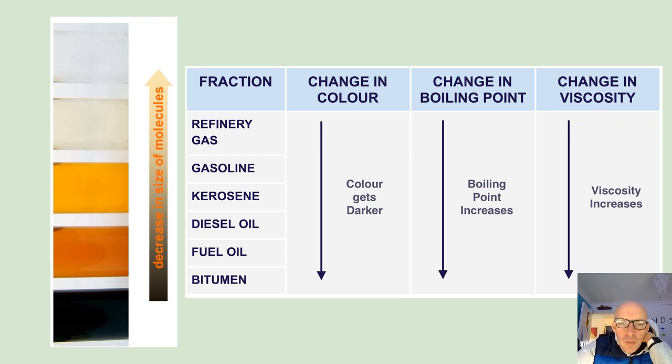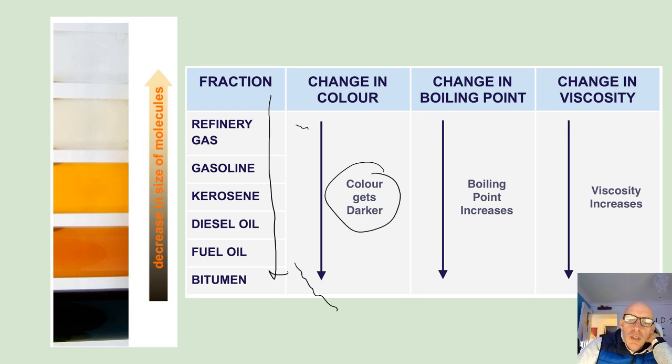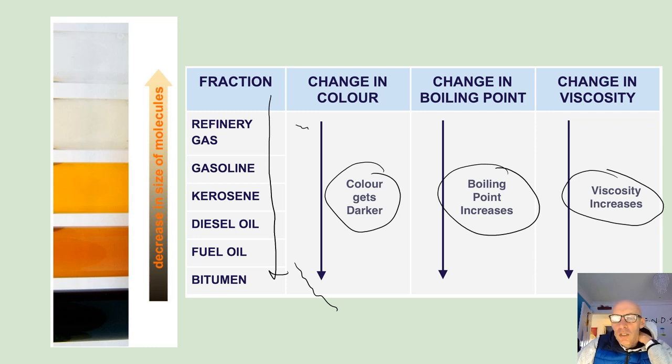Hopefully you've got the bits right as we've gone along or made the corrections you need to. As you get longer chains, so here's your small short chain, there's your long ones. As you get longer chains, the colour gets darker, the boiling point increases, and that viscosity, that thickness of the liquid, how easy it is to flow, it gets more and more viscous.